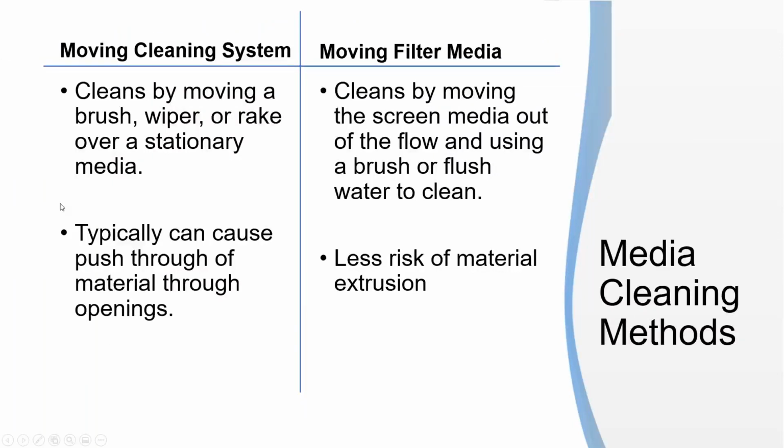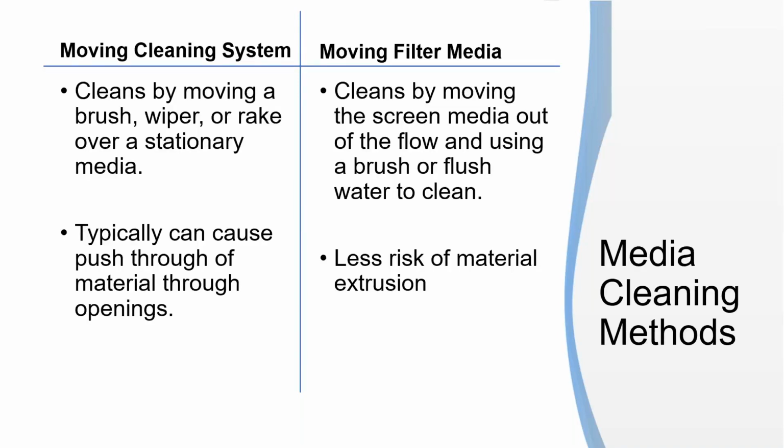Now, when we start talking about the independent testing, one of the things that's going to come up is the different types of screens. The first is: is it a moving cleaning system or a moving filter media? You can break down every screen into being one of those two styles, where either you have a stationary bar screen or perforated plate screen that has a moving cleaning mechanism. Typically, that moving cleaning mechanism, as it passes by the media, can push material through that screen to end up with material getting downstream that you had originally caught.